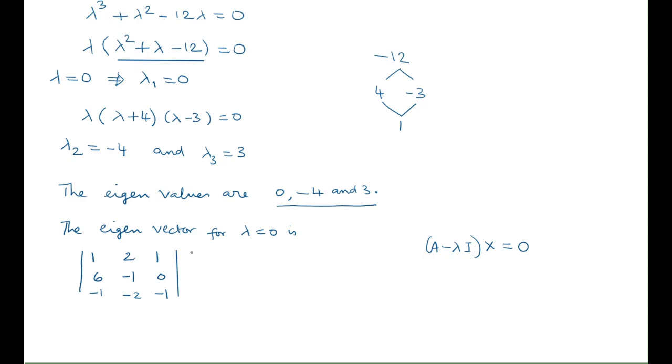So this is a system of equations which you have in matrix form, and x is x1, x2, x3, which is equal to 0, 0, 0.